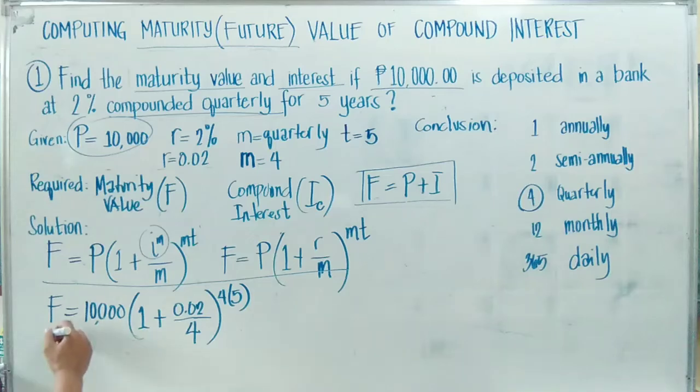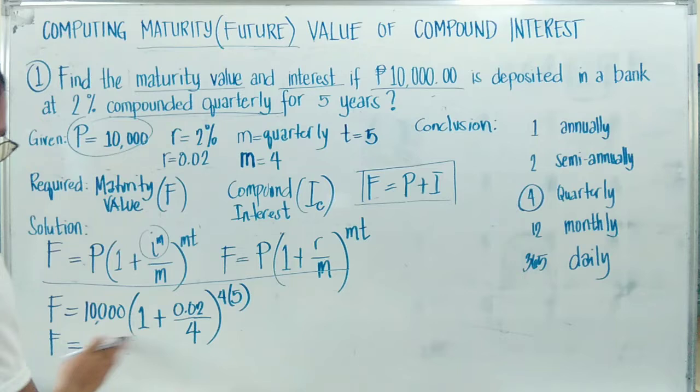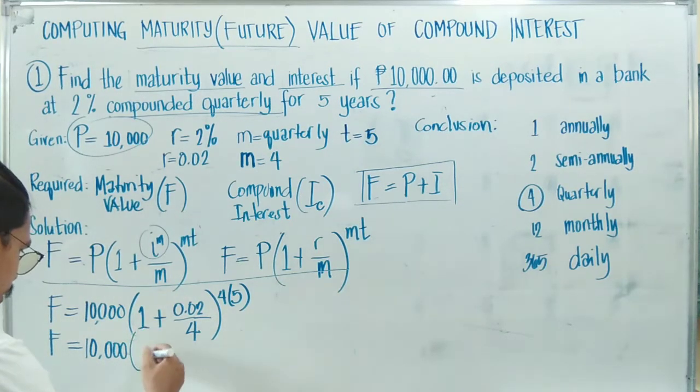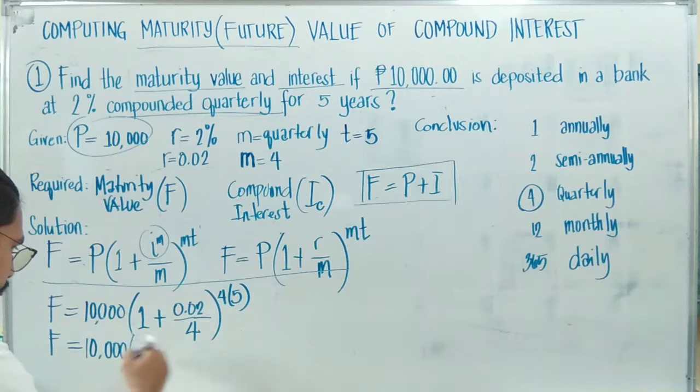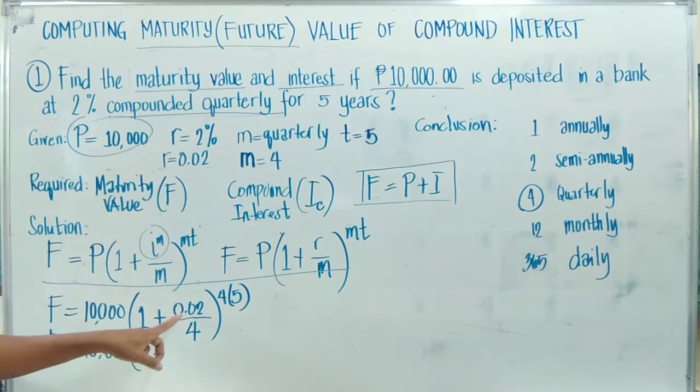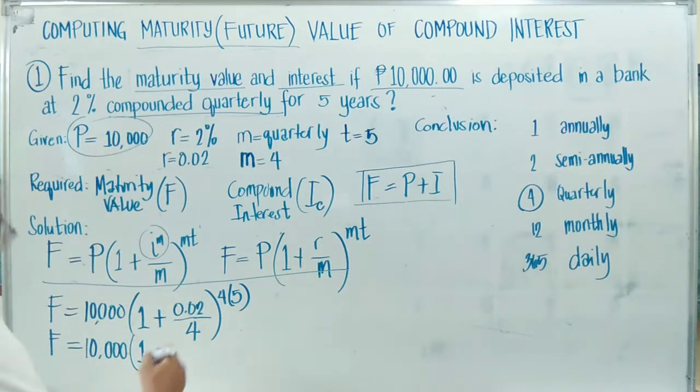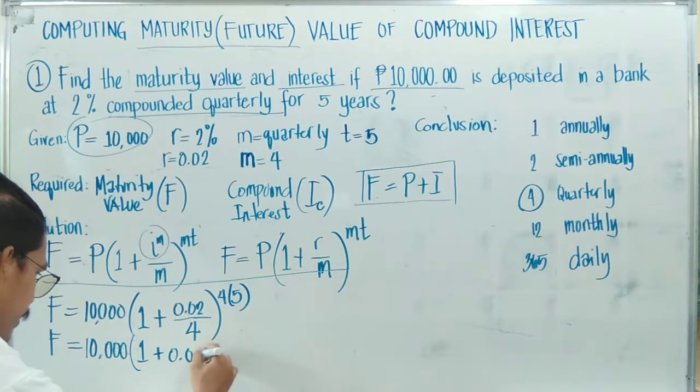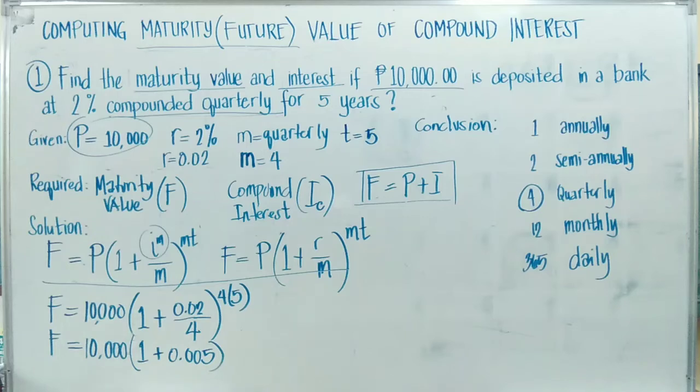Then to continue, we have F is equal to 10,000 times the quantity of 1 plus this thing, 0.02 divided by 4, is 0.005. You can use your calculator.